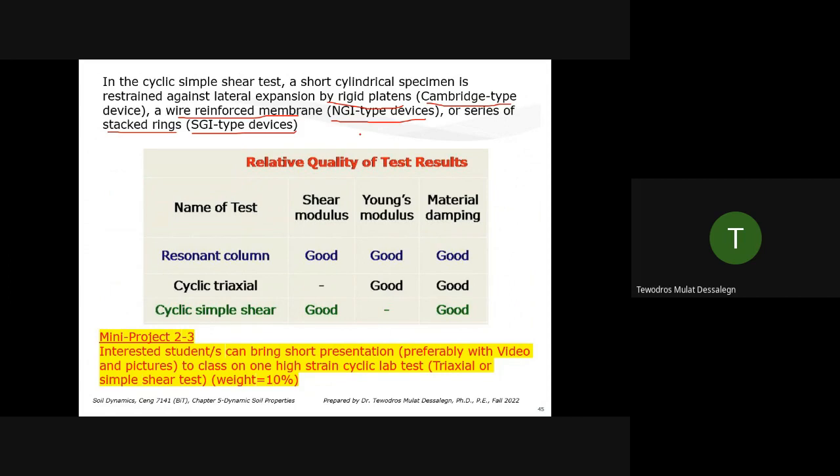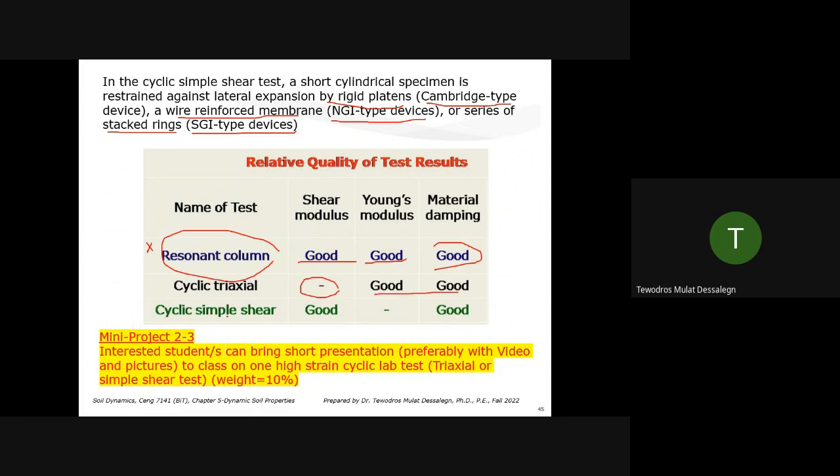So if you summarize all these lab tests, relative quality of test results, for example, resonant column test, it's good for getting shear modulus. It's good also for Young's modulus, and material damping also it's good. But this one is at a lower strain, very low deformation. Cyclic triaxial test doesn't provide shear modulus directly, but we have an indirect approach, and it provides good results for Young's modulus and material damping.